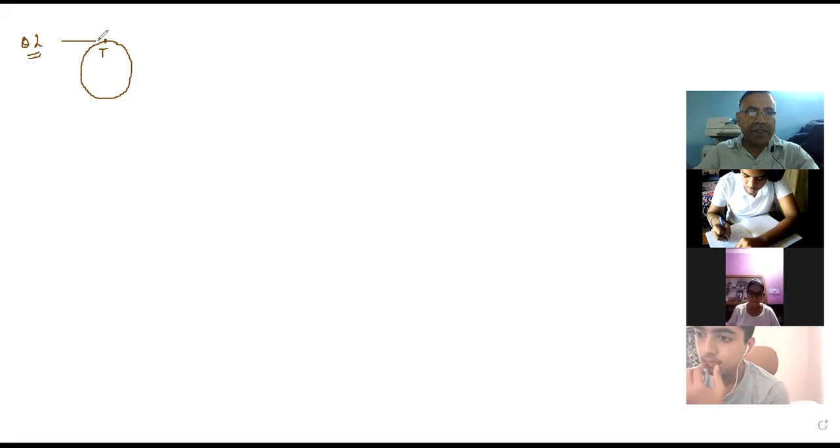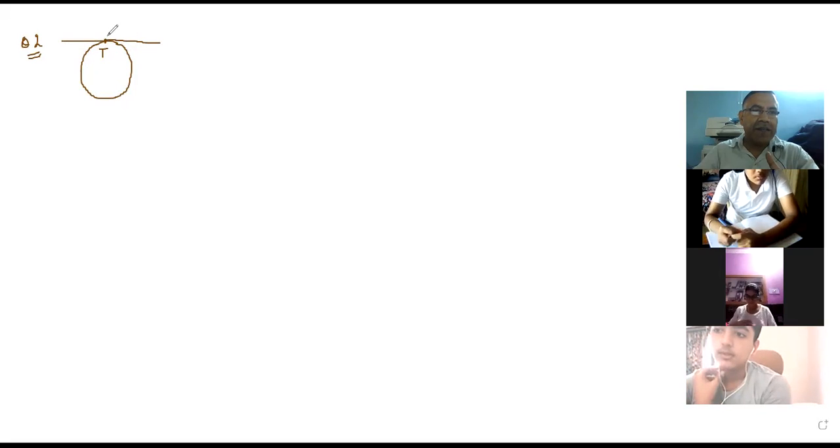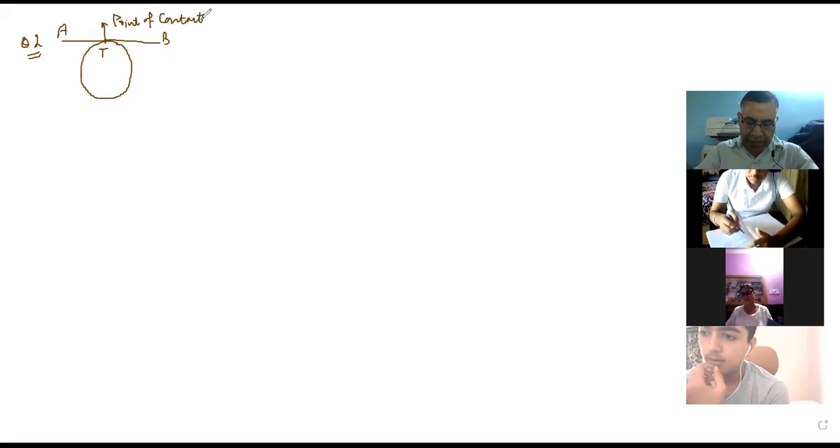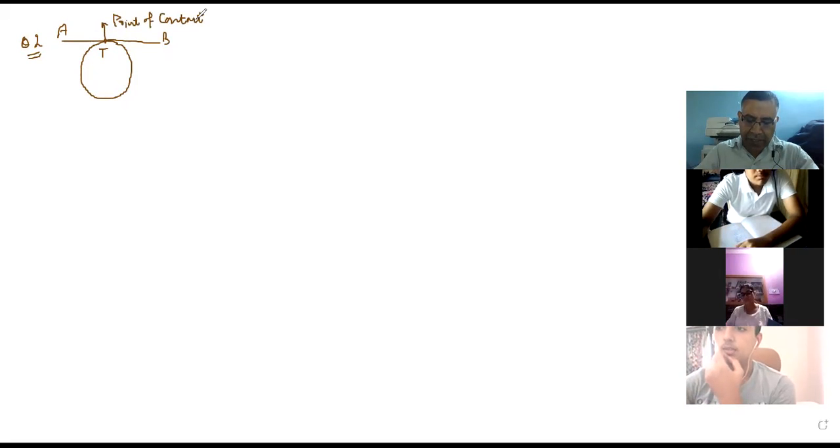Tangent is a line which touches this point. Touches means it will touch only once. Clear? So it touches only once. That is the reason it is called the point of contact. So what is the answer? A tangent to a circle intersects it in a single point.